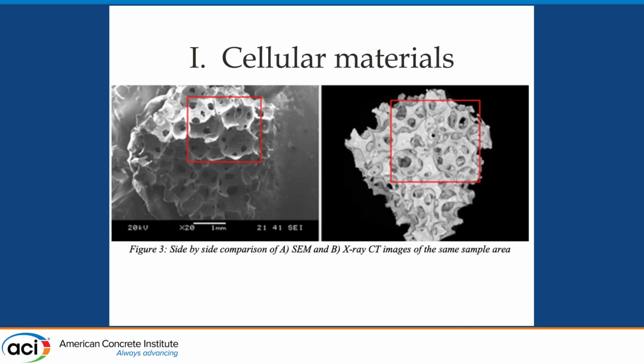We had been working at U of I on these lightweight cellular materials, and you can see there an SEM image on the left with the 3D CT reconstructed image on the right. And we've oriented them for these pairs of pictures just right so that you can basically see in the 3D image what you're seeing in the 2D image from SEM.